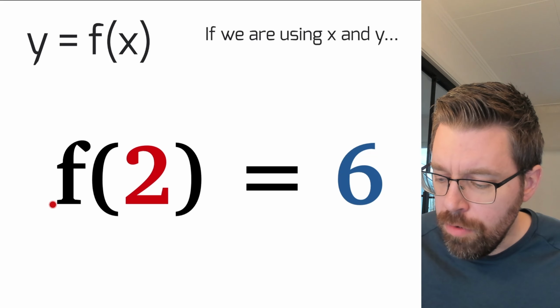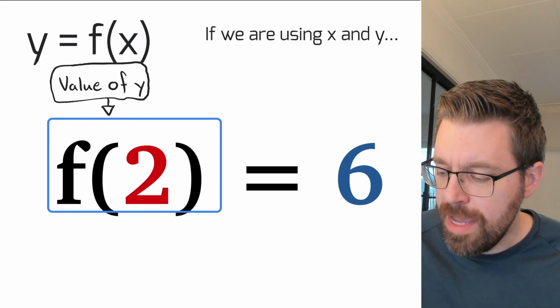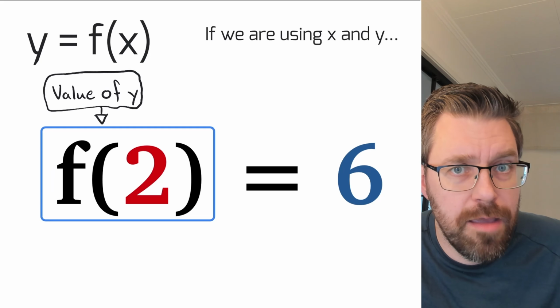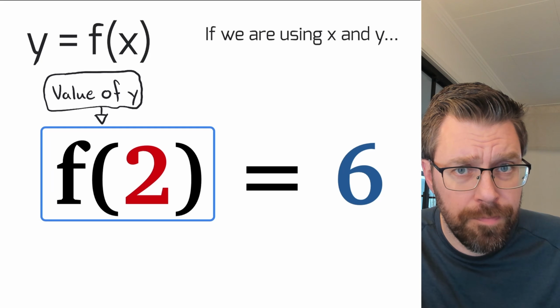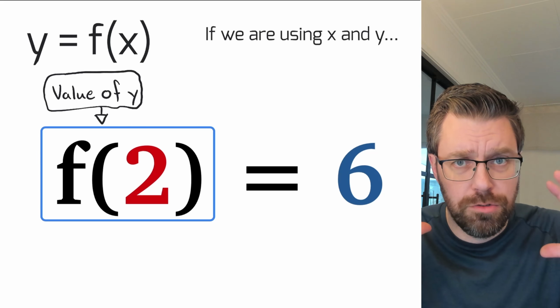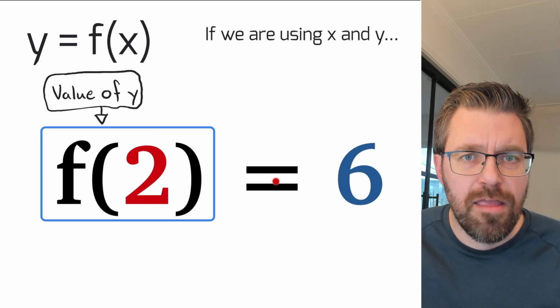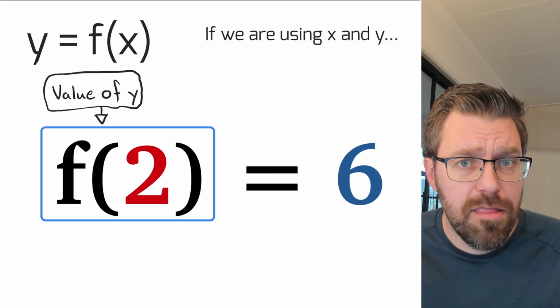That means that the whole thing here, the whole bit on the left side, this value is the same as y. Not the number 2, but the whole thing, f of 2. And because of the equal sign here, the left and the right side must be the same.